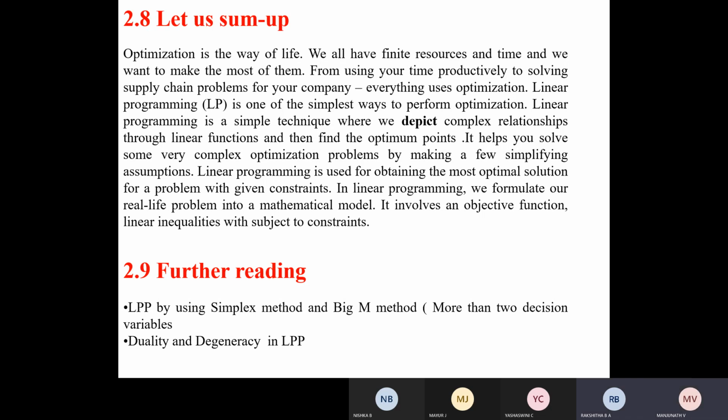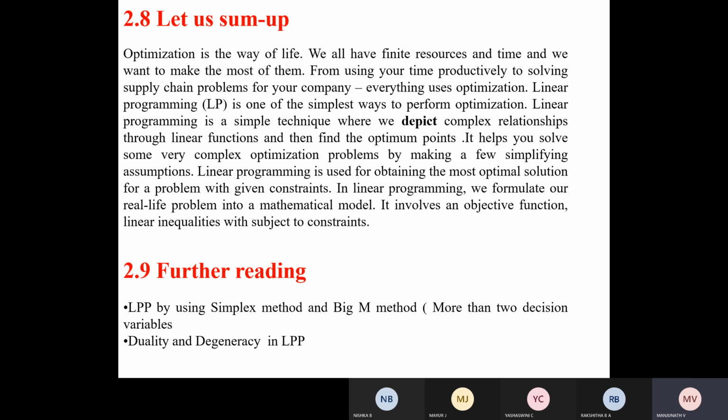Sir, linear programming helps in optimization, optimizing the problem into a simple relationship to obtain a mathematical solution. Very good. A complex business problem we can turn into a simple mathematical problem. That is what LPP is all about.